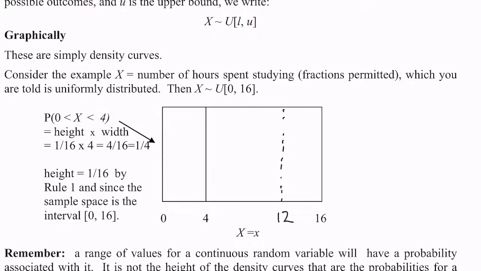So it makes equal ranges of values equally likely and traces out a rectangle.